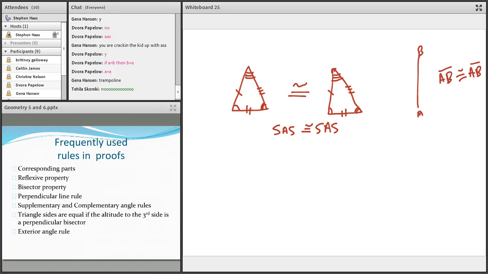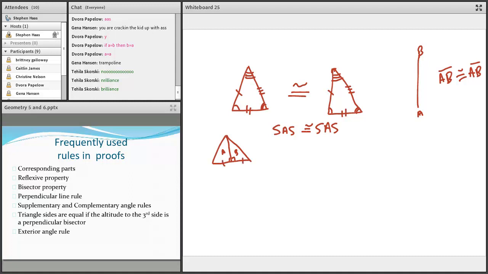Well, that seems pretty obvious, right? Now you might say, well, Stephen, why do we need to know that? What does it have to do with anything? Well, the answer is, let's say, for example, we've got something like this, and we want to prove these two triangles congruent, triangle A and triangle B. And let's say we can establish that this angle is equal to this angle, and that this side is equal to that side.